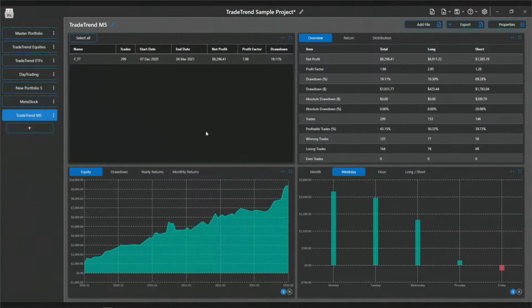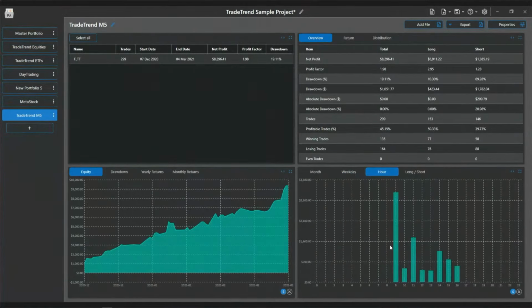Now, since this is an intraday strategy, we actually can look at the hours which performed best for this symbol. As you can see here, this trading strategy for Ford would have performed exceptionally well when the market just opened, and then not as good in the subsequent hours. So this tells you as a trader that if you get an intraday signal for Ford, and it occurs perhaps towards the end of the day, you should think twice whether you would like to trade it.